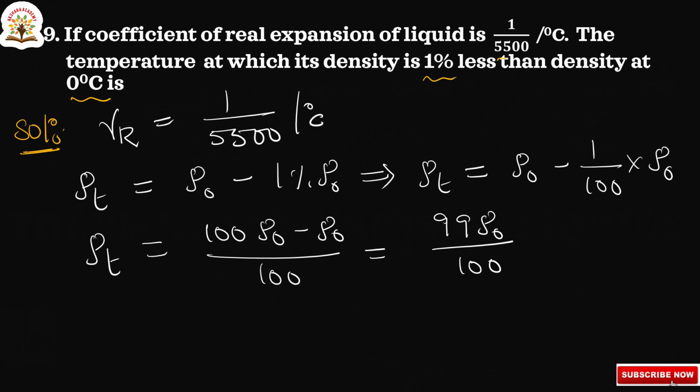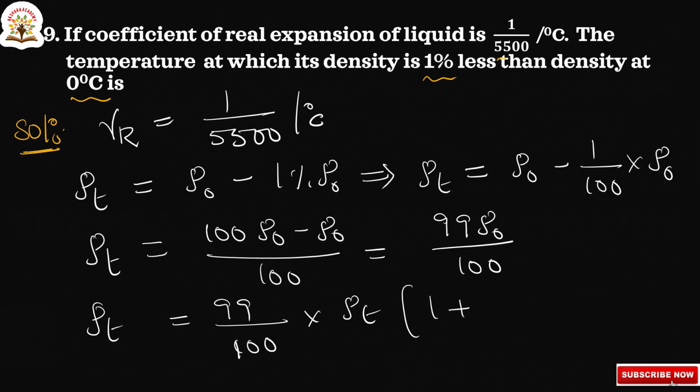So now we write rho T equals 99 by 100 into rho naught, which is nothing but rho naught of (1 plus gamma R of (T2 minus T1)).